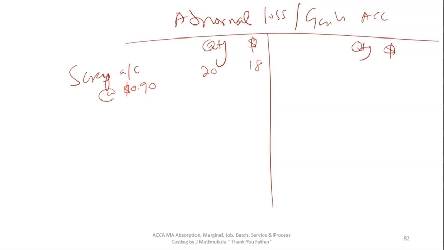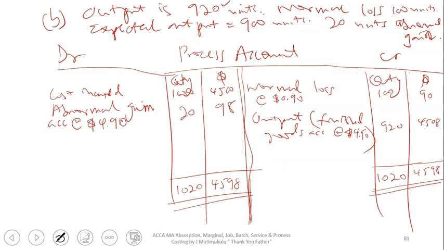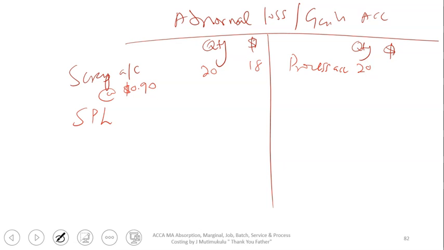But there is also going to be a transfer again to the statement of profit or loss. We'll determine that after we complete our process account here, and these were 20 units. At what value? We just get this information from this part. That's the 98 we are talking about. So at 98, why 98?